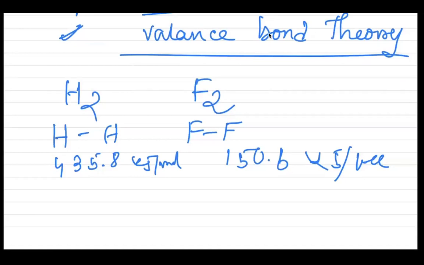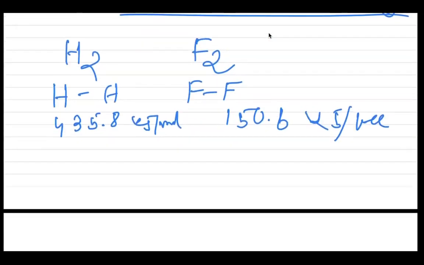To overcome this, two important theories based on quantum mechanical principles have been given. One is valence bond theory, that is VBT. Another is MOT, that is molecular orbital theory.